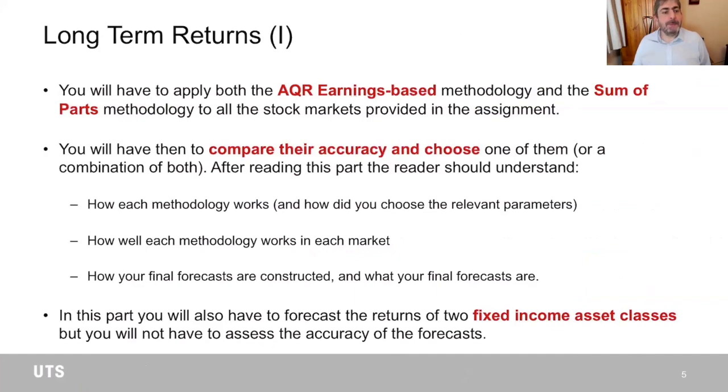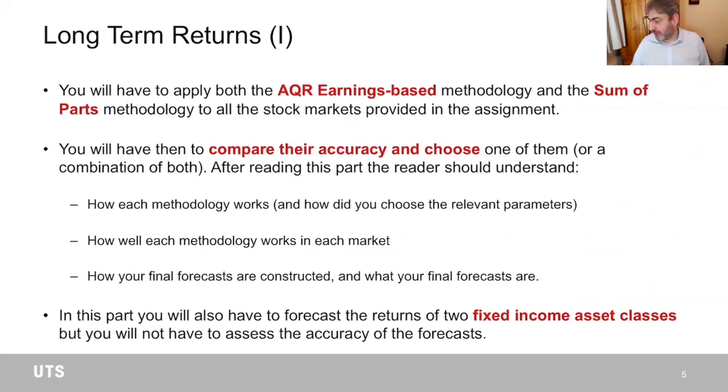Now, in the assignment, I detail specifically the 3 aspects. Since we don't know efficient frontier and portfolio choice, we haven't done the theory, I'm not going to present them today. I'm just going to talk about the expected returns part. So in the expected return, you will have to apply 2 methodologies, earnings-based and sum of parts.